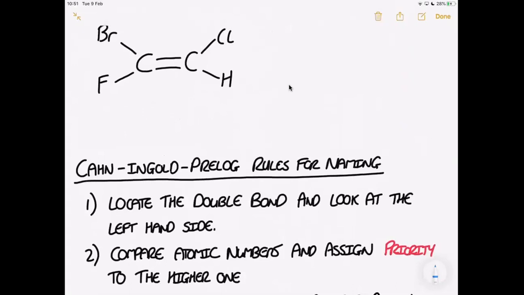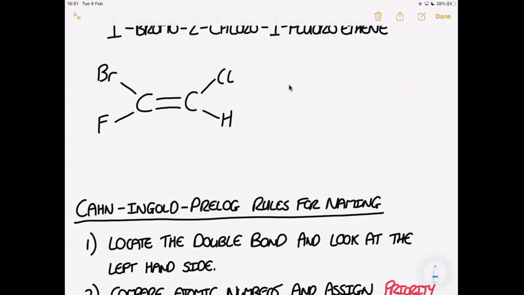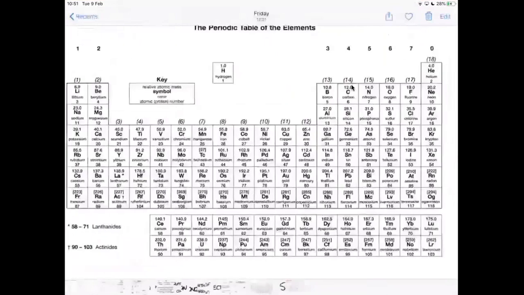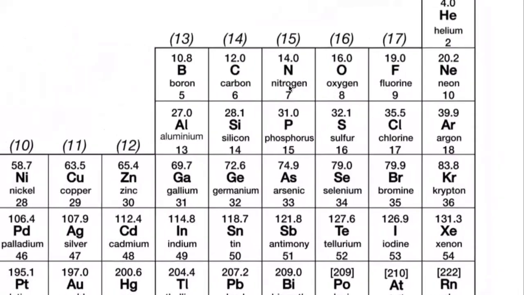So there's a new phrase, priority. We're doing a comparison of atomic number, so what we'd need to do is use a periodic table. The two elements we're comparing are fluorine and bromine. They're both halogens, so they're in the same group, group 7.